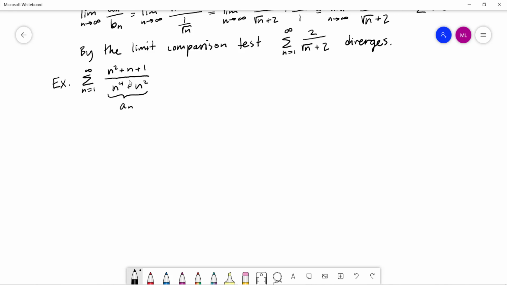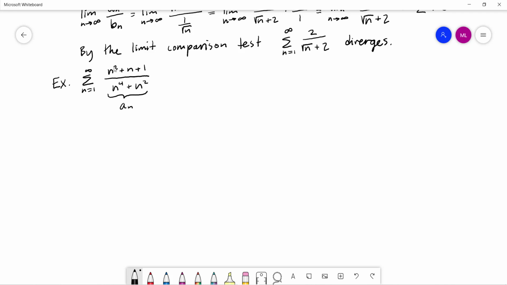I know from looking at it that it is going to converge. For large values of n, as we get up towards infinity, the only powers that become important are the n squared on top and the n to the 4th on the bottom. If I look at just the ratio of those highest powered terms, this thing is really going to behave like 1 over n squared.